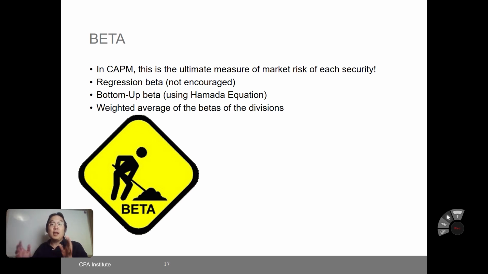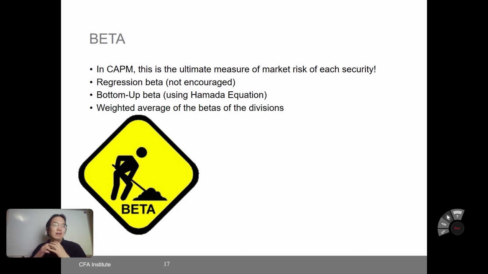To obtain the beta of each security, there are two different ways of doing it actually. First is running regressions based on historical data of stock returns and index returns. The other approach is something called bottom-up beta, using the Hamada equation.